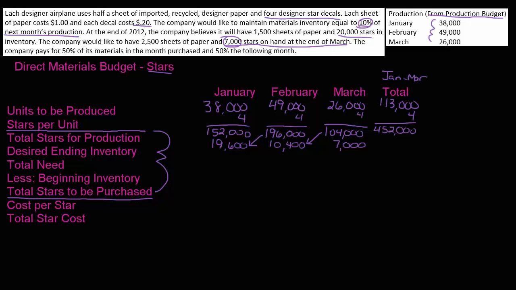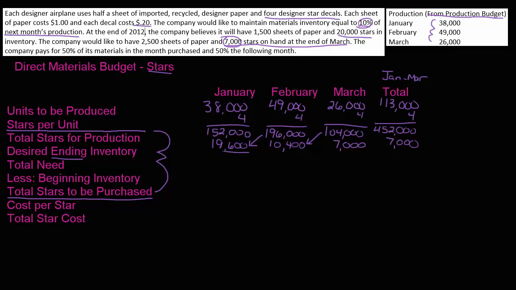This runs from January 1st to March 31st. The end of the quarter is March 31st. Because I'm talking about ending inventory, I want the inventory at the end of March, which is equal to my 7,000. So my desired ending inventory for my total column is 7,000.